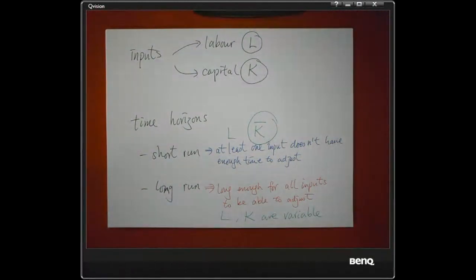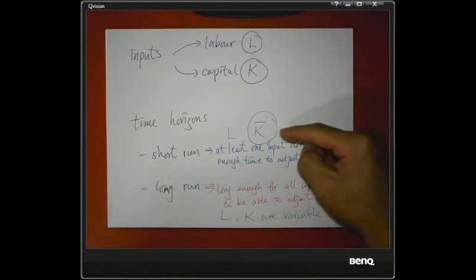Because if you look at how long it takes for a factory to adjust labor input compared to adjusting capital input, a factory can easily adjust labor input, hiring more workers or firing some of the workers. It can be done within a week or even days.